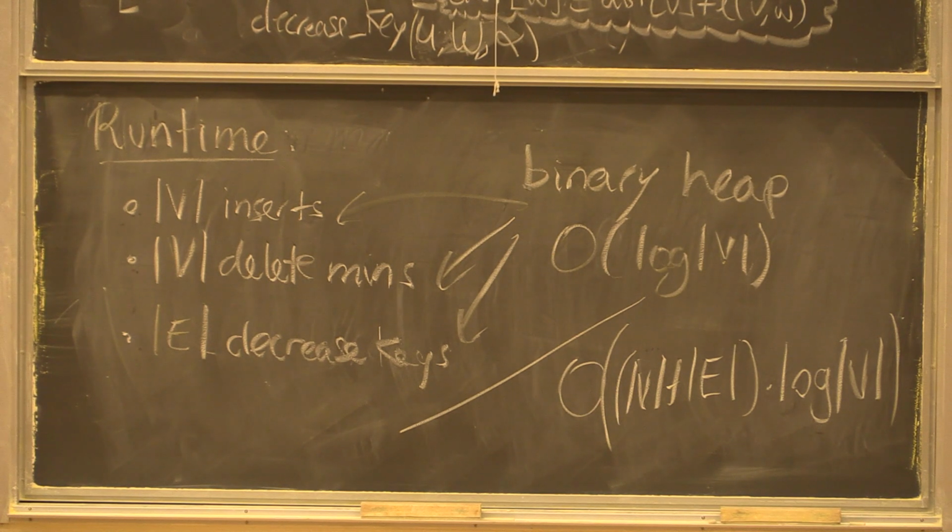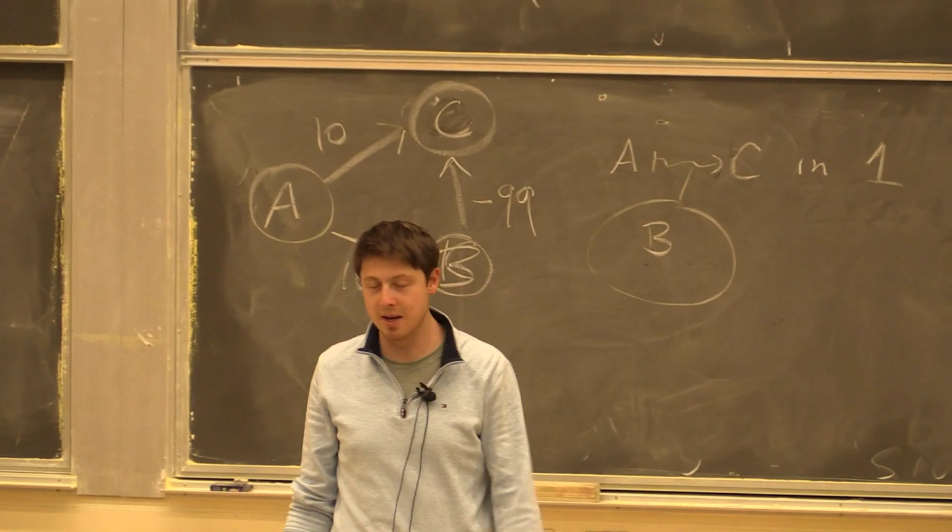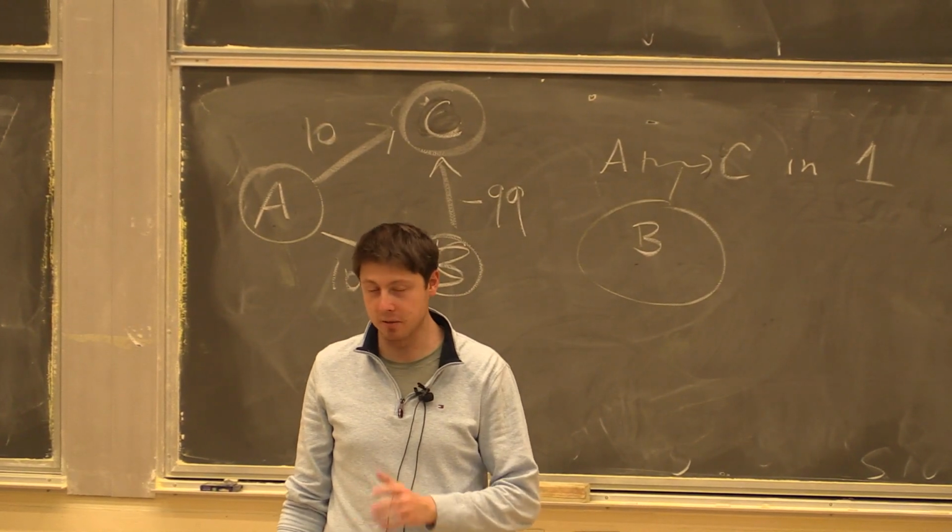Can't we just add the absolute value of the most negative weight to all the edges, and then they all become non-negative? The question is, why not just shift everything up? Okay, I'll leave it as an exercise. There's a counterexample to that.